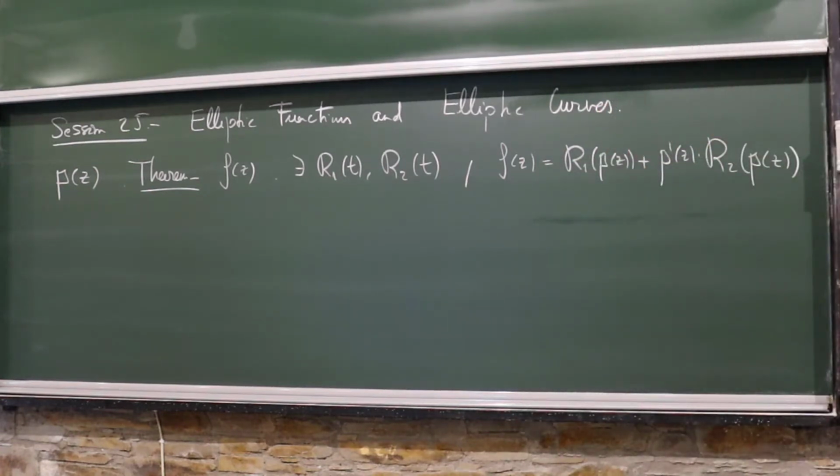So every elliptic function can be written with the help of the Weierstrass function in the same lattice.